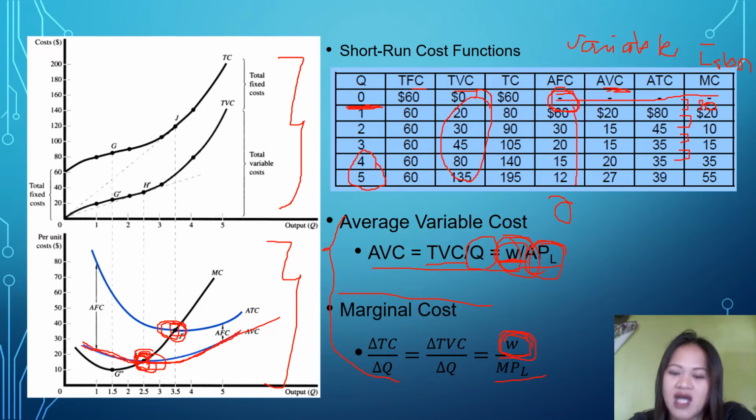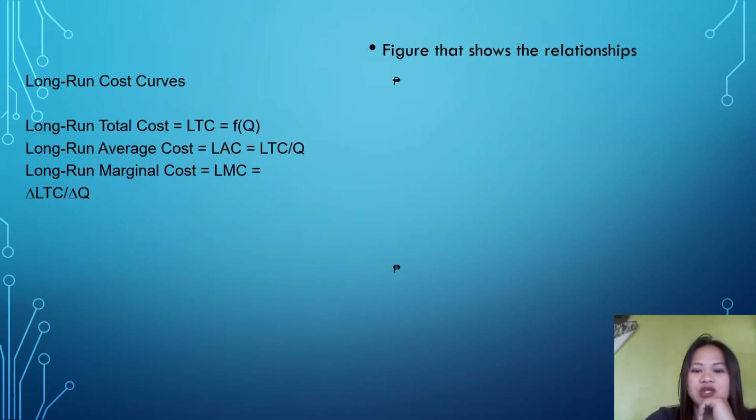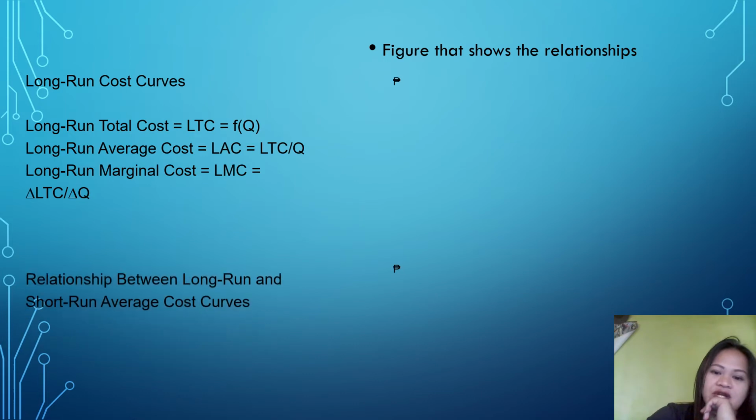Ito po yung MPL. How much did one labor make out of the total output? Ito yung APL. How much did that one labor add to the total output? That is the MPL. Okay? Ganyan po.